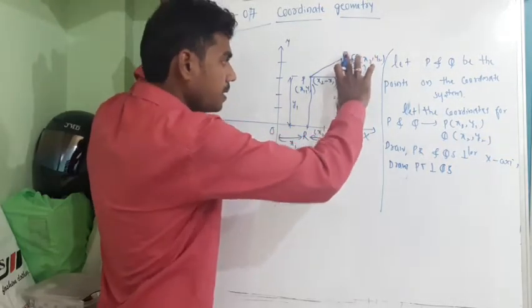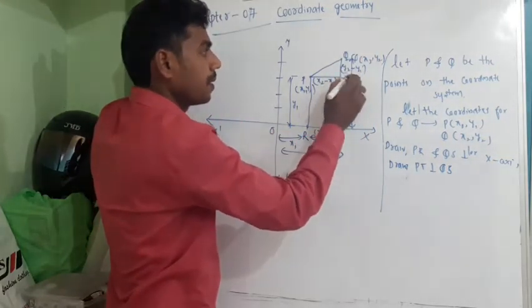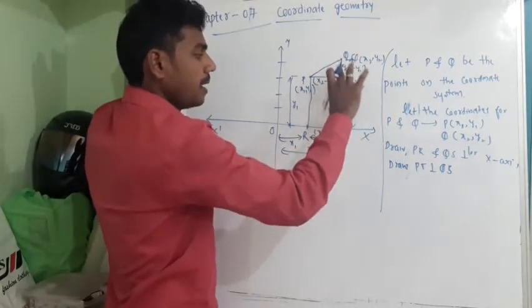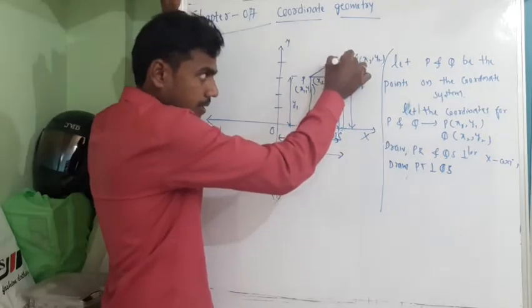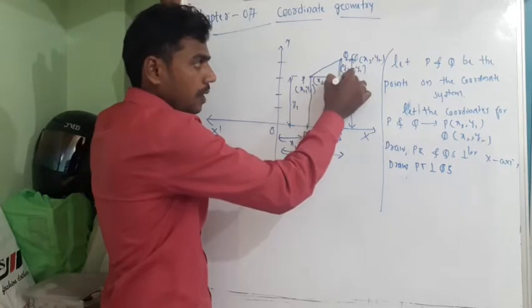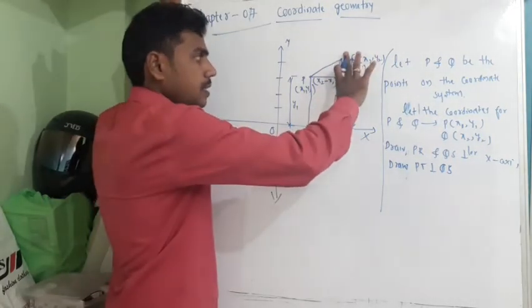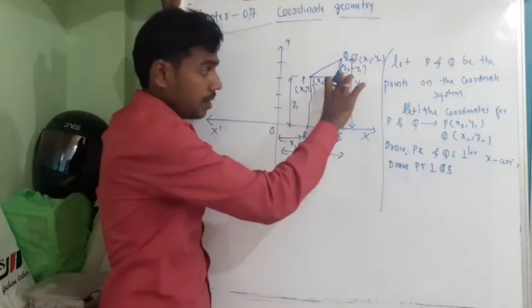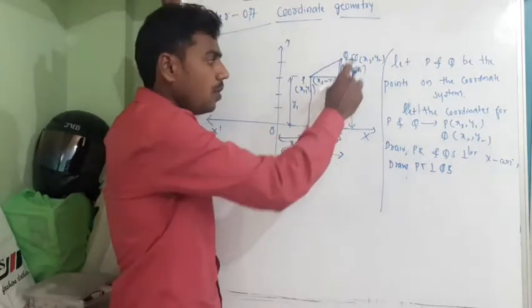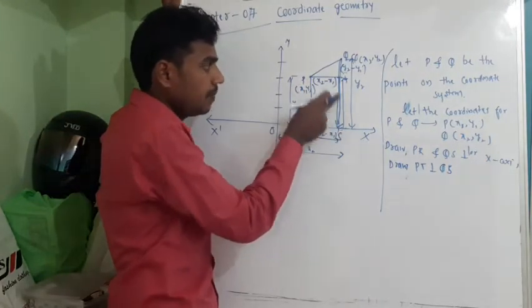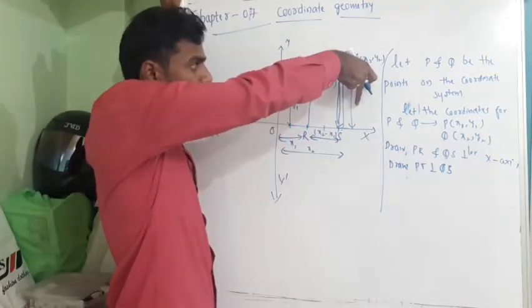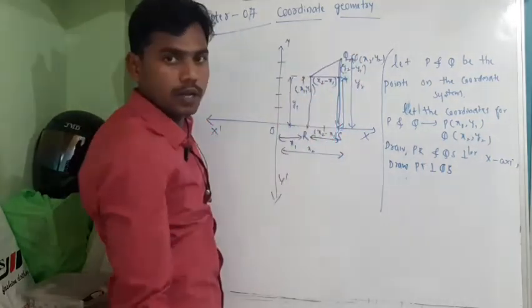So QS minus ST, this entire distance QS, minus QT, this distance, the entire distance minus QT will give me this distance. Then what is that distance? See, y2 minus, then this ST will be y1. This ST will be y1 and this will be y2. y2 minus y1 will be equal to QT.